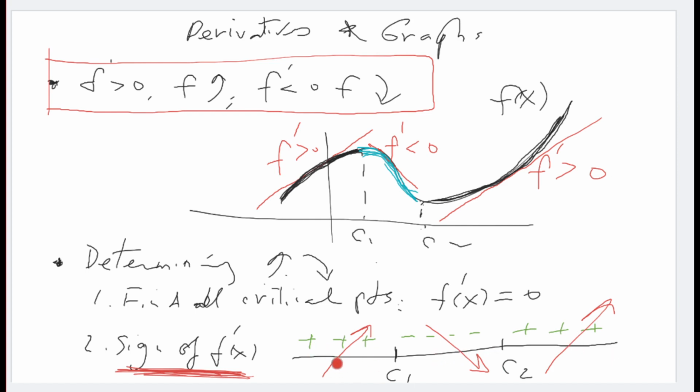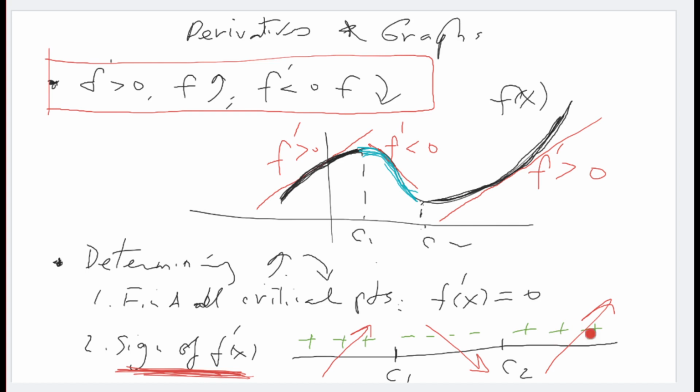How you do it is pick a test point, any number, plug in here for x, and see if f prime is positive or negative. If it's positive here, then the derivative will be entirely positive over this interval. Again, say you check a point between C1 and C2 and it's negative, then you will know from C1 to C2, f prime will be entirely negative.